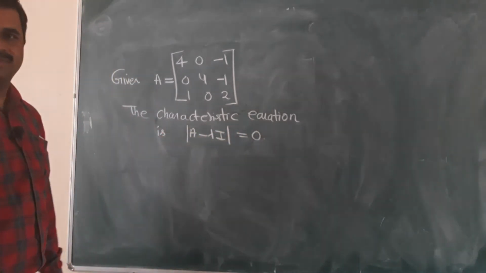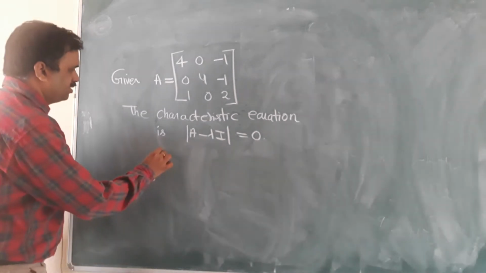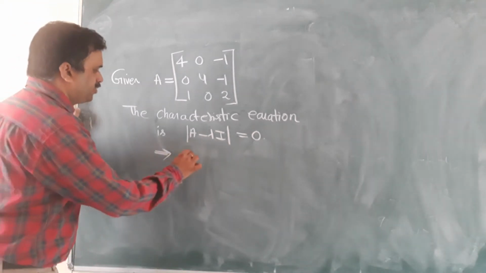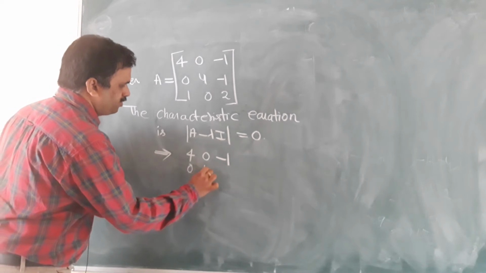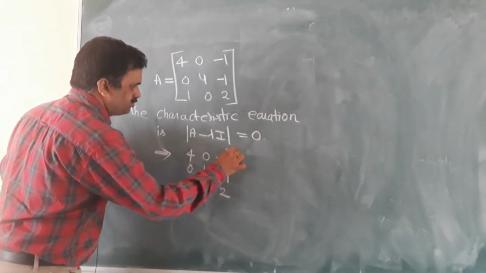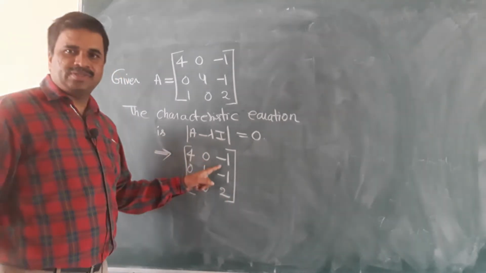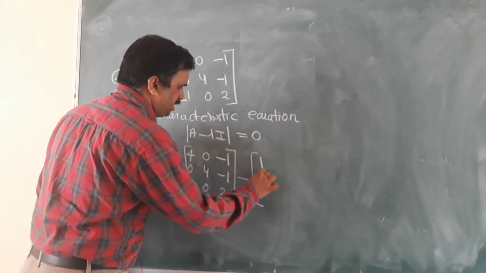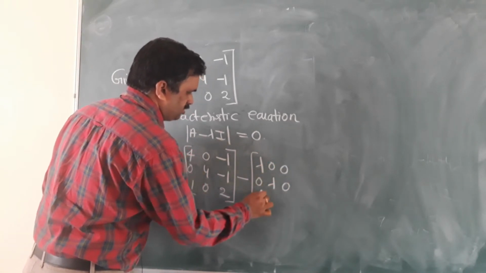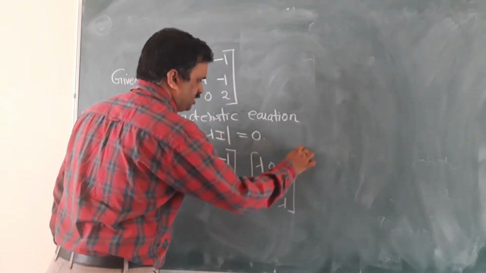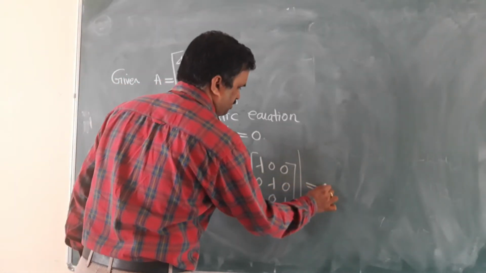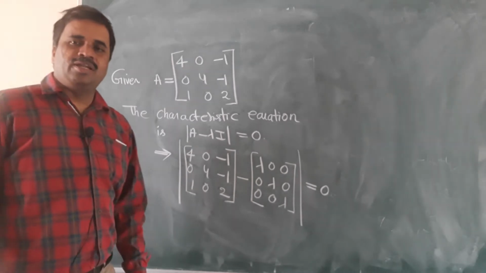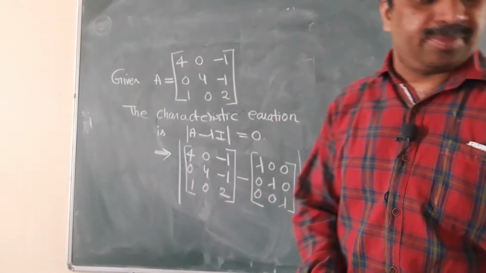Substitute A first: 4 0 minus 1, 0 4 minus 1, 1 0 2, minus lambda times the identity matrix, which is lambda 0 0, 0 lambda 0, 0 0 lambda, determinant equal to 0.